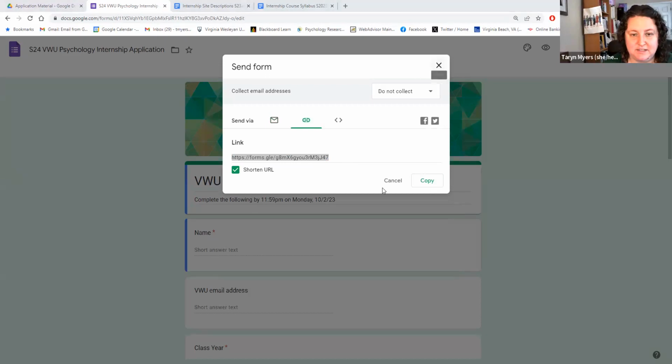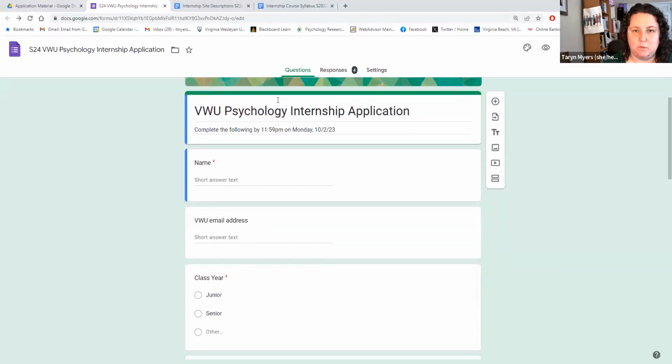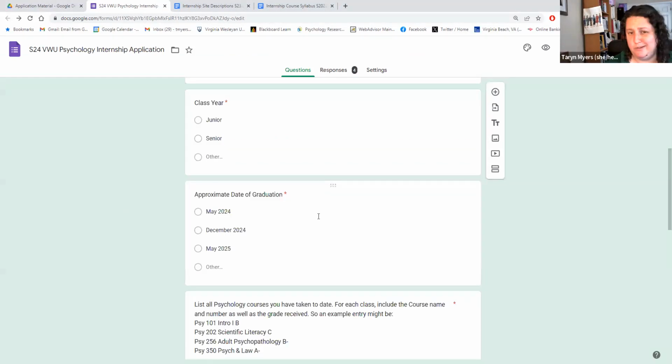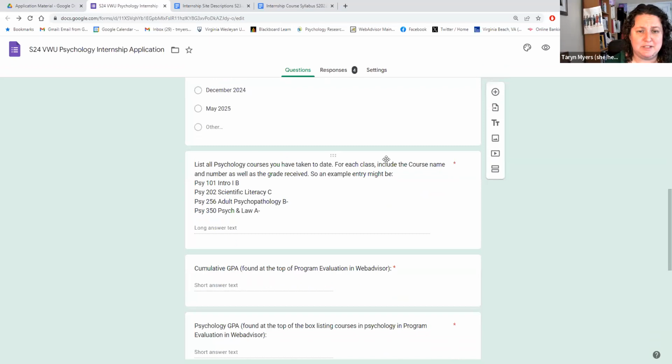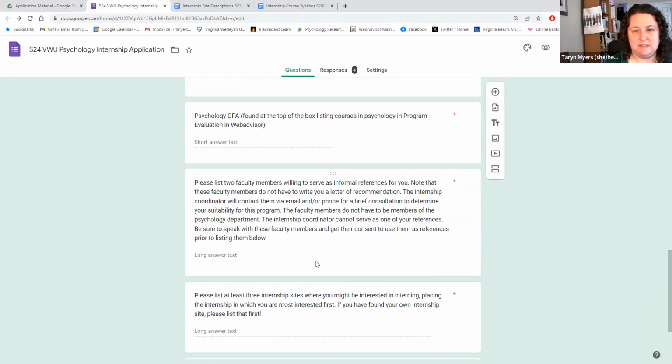This is just on our end, and I'm having this due Monday by midnight. It asks for basic info about you, when you're graduating, what psych courses you've taken and how well you've done in them, and your GPA, and it shows you where to find it in WebAdvisor.